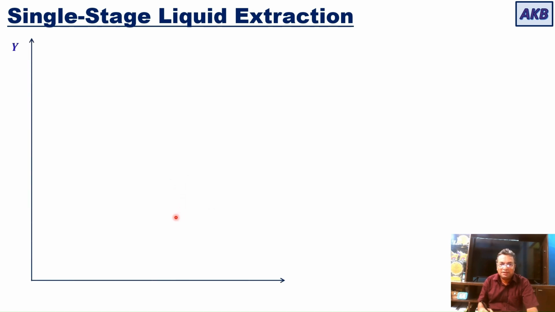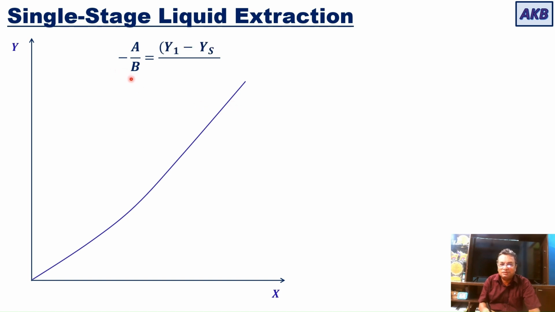So for that, we will plot capital Y on y-axis and capital X on x-axis. I have discussed this ternary equilibrium diagram in my previous video. You please watch it. So you are going to get the equilibrium curve.